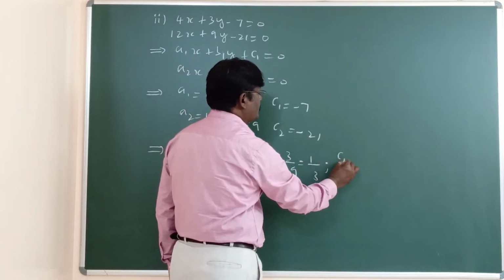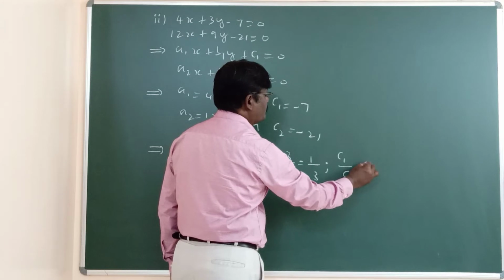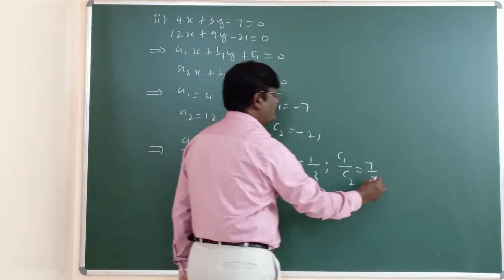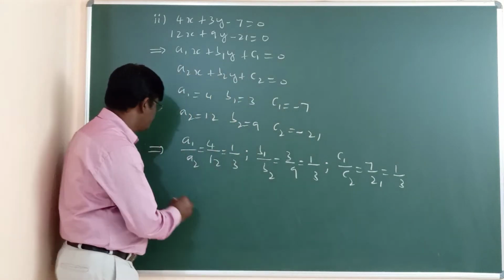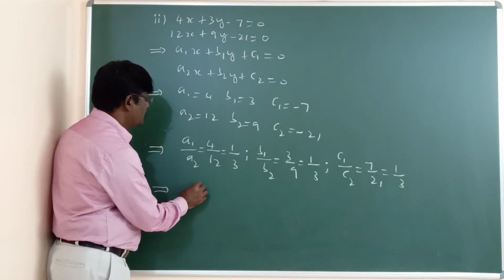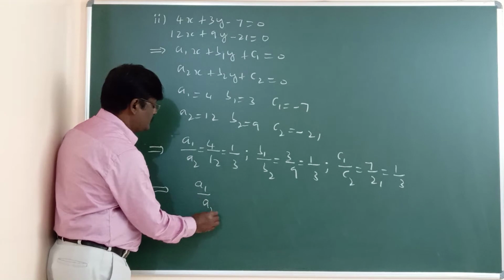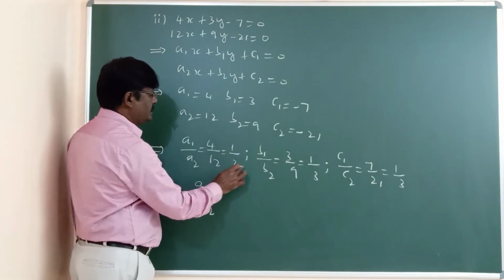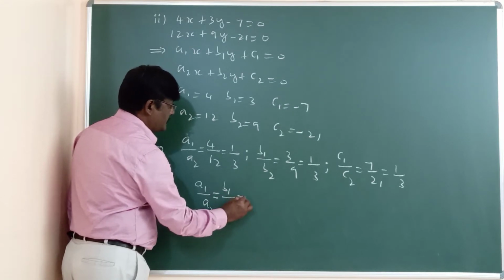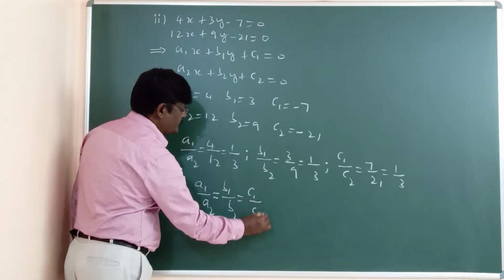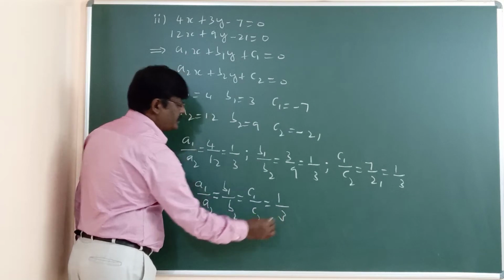Next, c1 by c2, minus gets cancelled, 7 by 21, hence 1 by 3. So now we compare the ratios together. a1 by a2 equals 1 by 3, b1 by b2 equals 1 by 3, and c1 by c2 is also equal to 1 by 3.